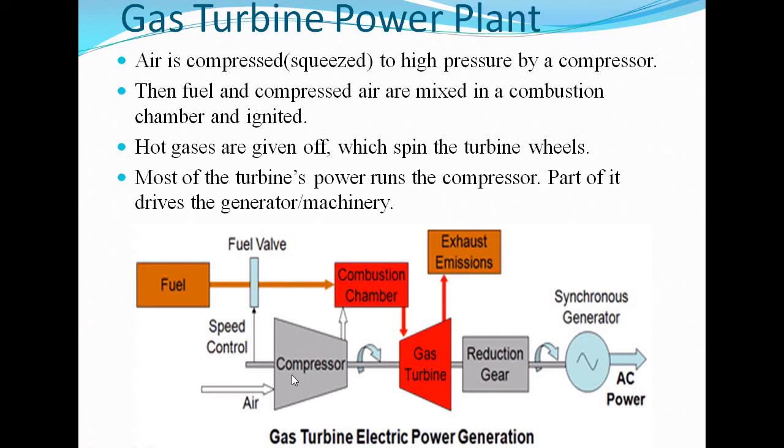Then there is the compressor, which will provide pressurized air to this combustion chamber where combustion of fuel will take place, and this combustion chamber will provide hot gases of the fuel to the gas turbine.